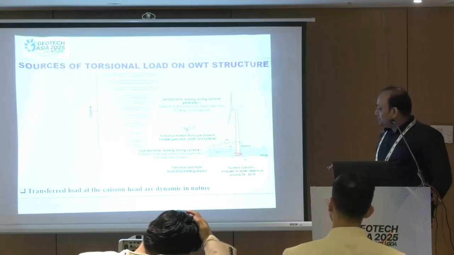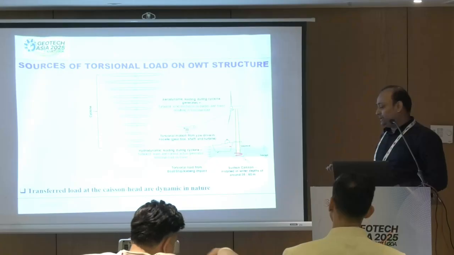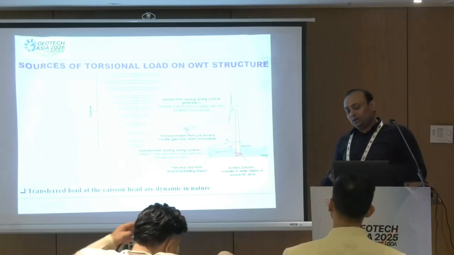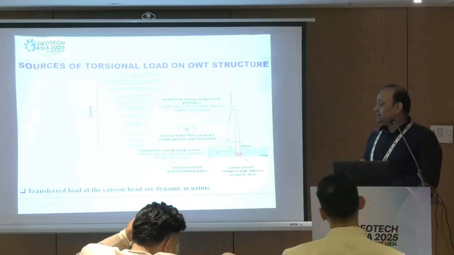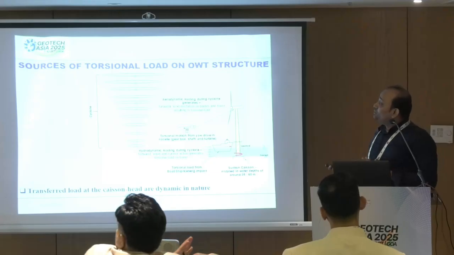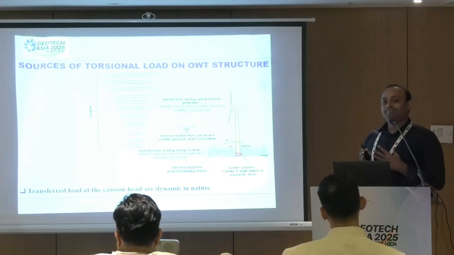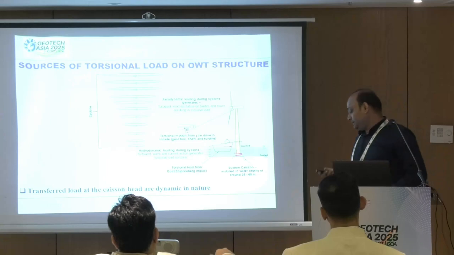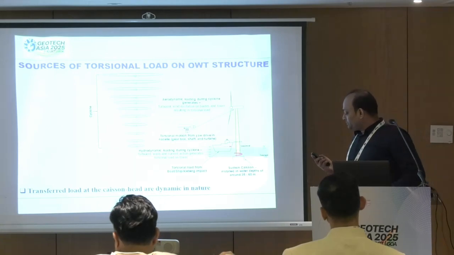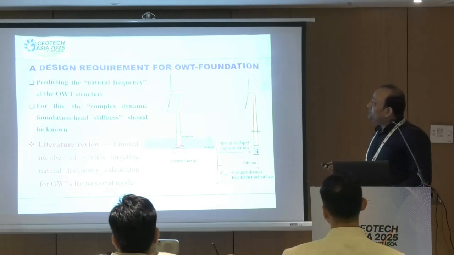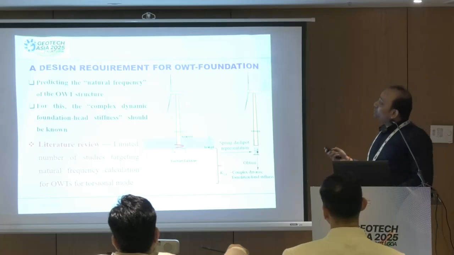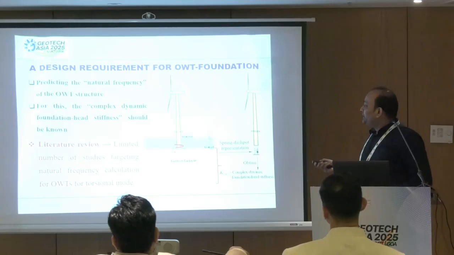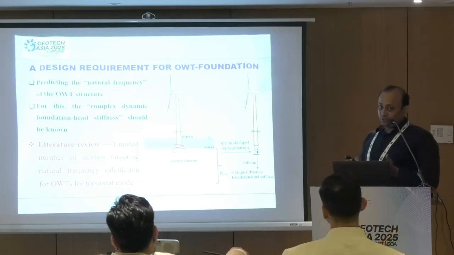Suction caissons are installed in water depths of 35 to 60 meters, which Professor Haldar already talked about. Also, these torsional loads are dynamic in nature. So we are going to look into one of the design requirements: predicting the natural frequency of the offshore wind turbine structure.